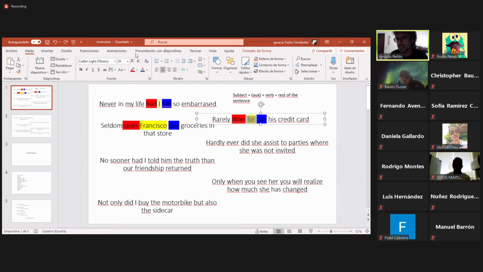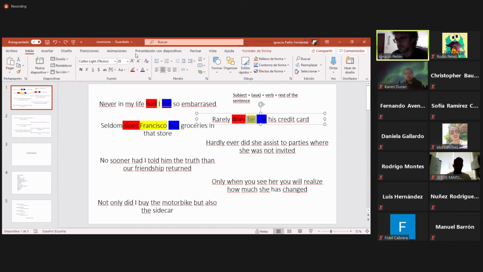And Itzy gave us a clue to see when we have to use the inversion. He said that all these sentences were negative. Really, none of these sentences is negative, but still the meaning is negative. For example, if I use a negative with I have felt so embarrassed, I hadn't, isn't it?